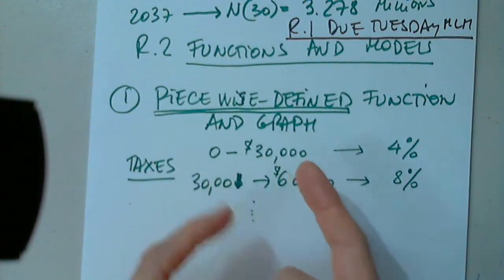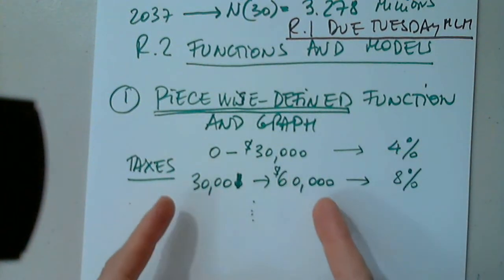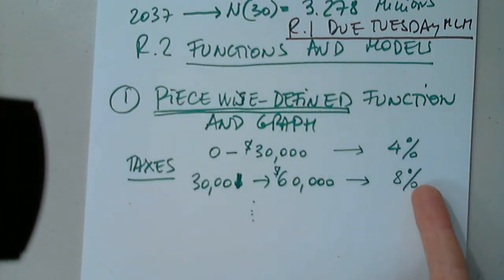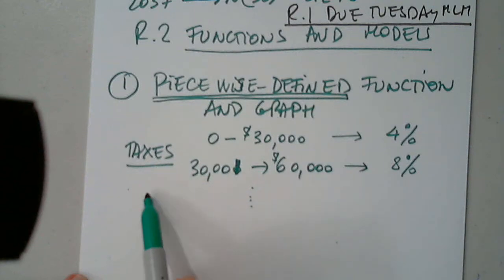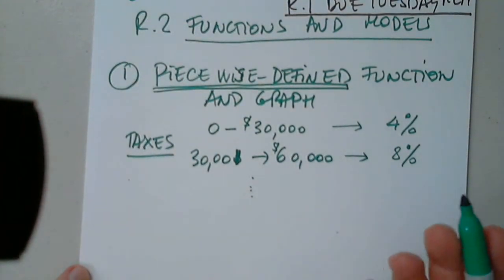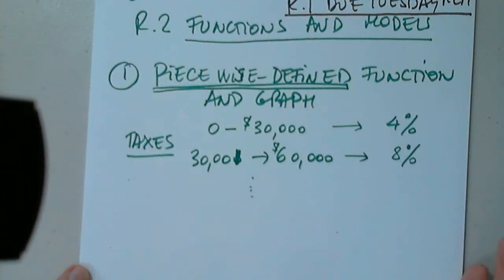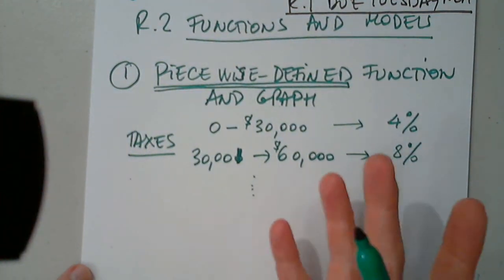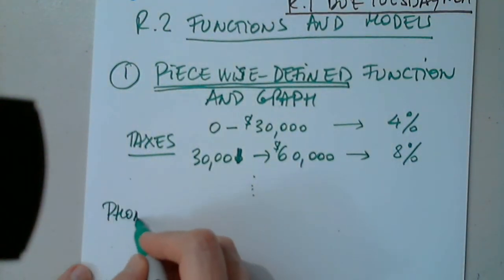For this domain, this is the function. For this domain, this is the function. For another domain, it's a different function. Another example of a piecewise defined function would be, maybe it's not applicable anymore, but it's applicable when we buy in bulk, for example, right? So let's say phone bill.